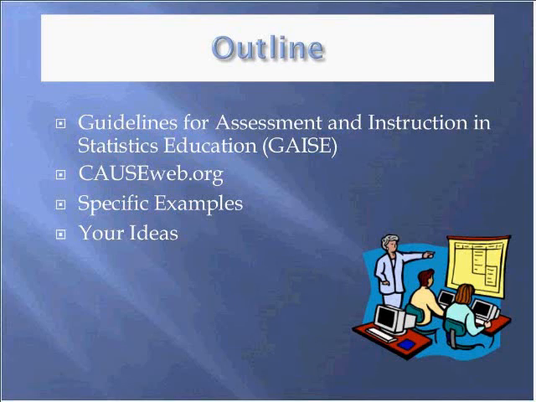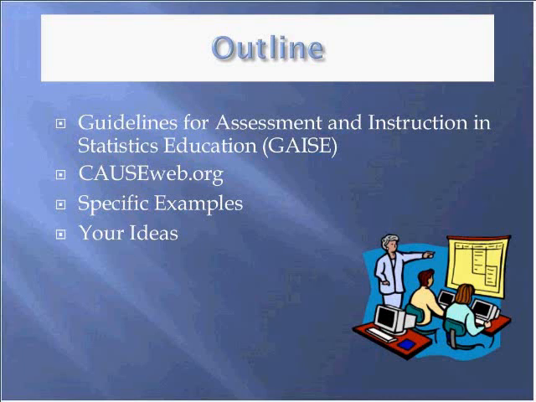What I'd like to start with is describing the guidelines for assessment and instruction in statistics education. These were put together a couple of years ago by the ASA, and they sort of describe what we have found to be the best ways to teach statistics, and really anything.